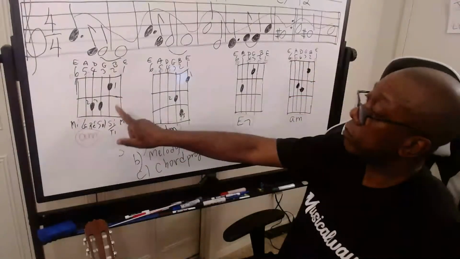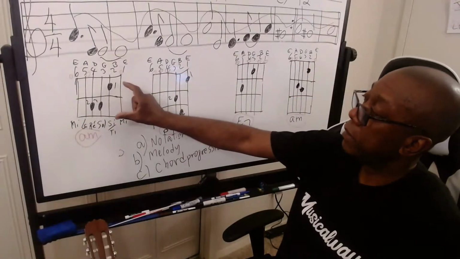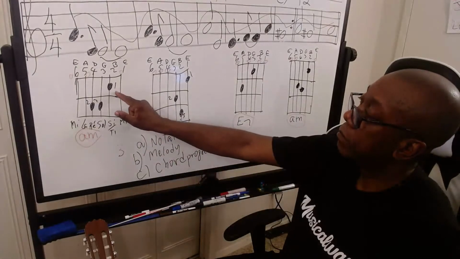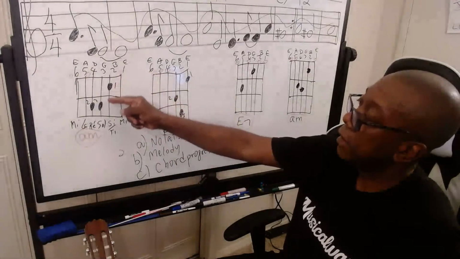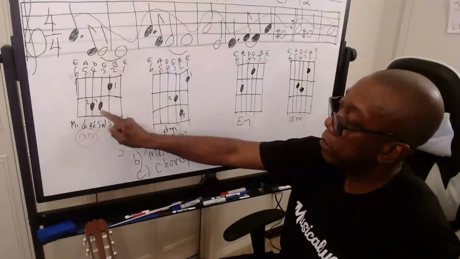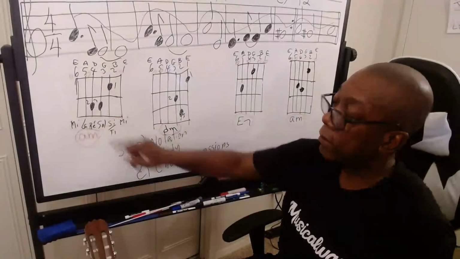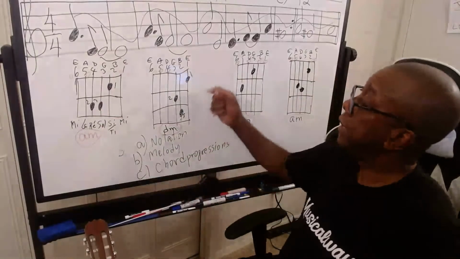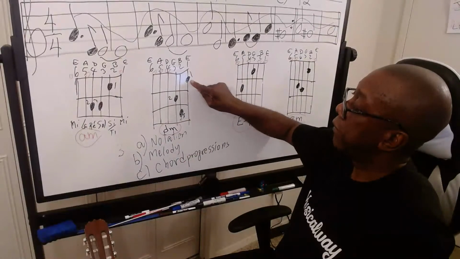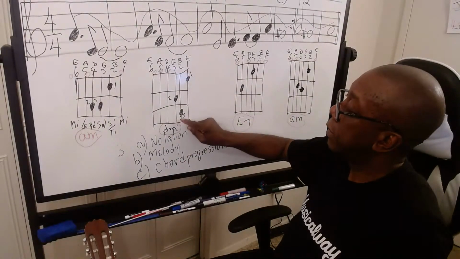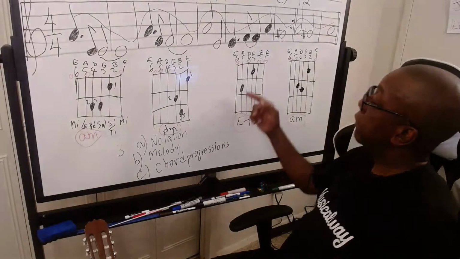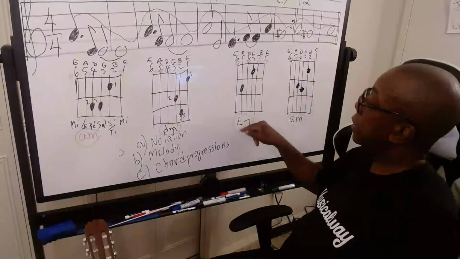So the A minor in two frets. This is C, A, and E, A and E. So they are right on top of each other. And then we have the D minor, which is F, A, and then D. And then we have the E7.